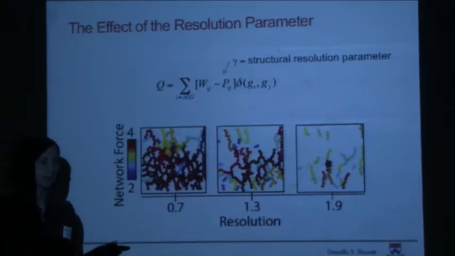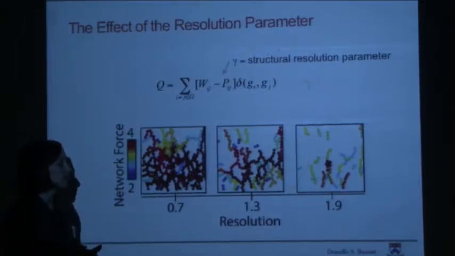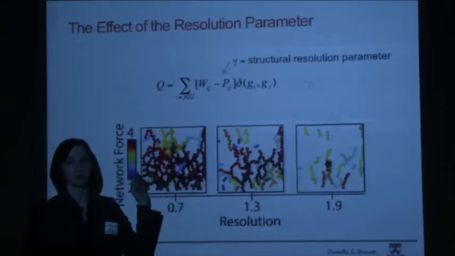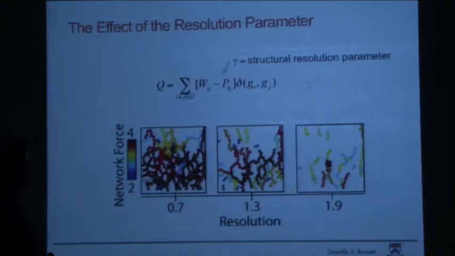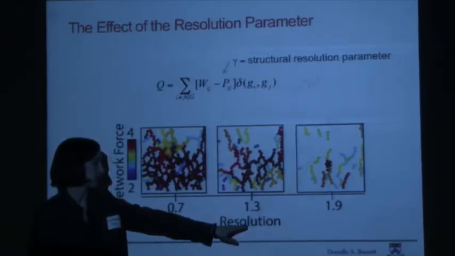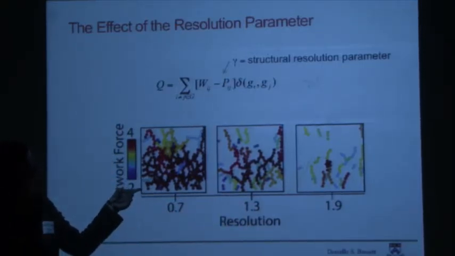So if we tune it up, we get smaller communities. If we tune it down, we get bigger communities. And that enables us to quantify different spatial scales inside of the packing. So here's just an illustration. At various values of that resolution parameter, gamma, we get different answers for which force chains exist.